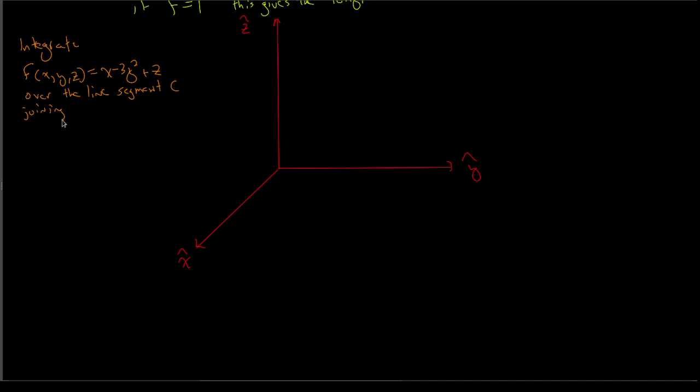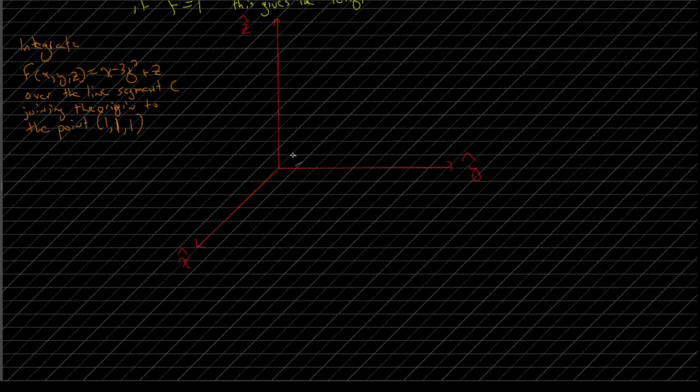joining the origin to the point 1, 1, 1, which is the diagonal of a unit cube. We have a unit cube placed on the origin, and so we're going to have this point come out. 1, 1, and up 1.